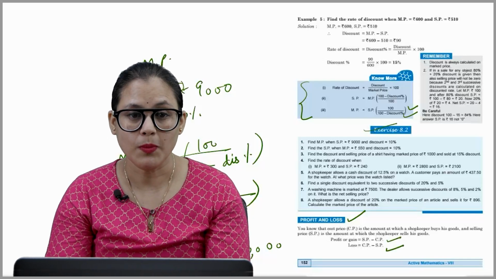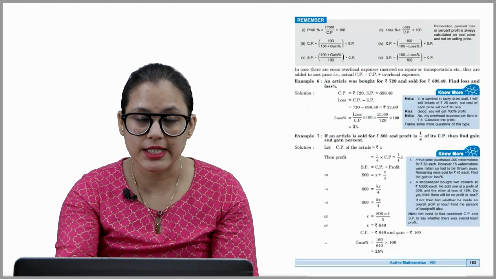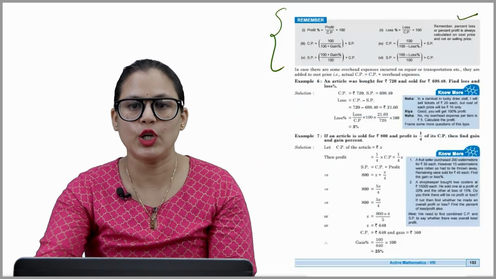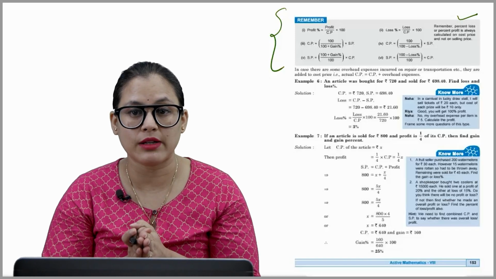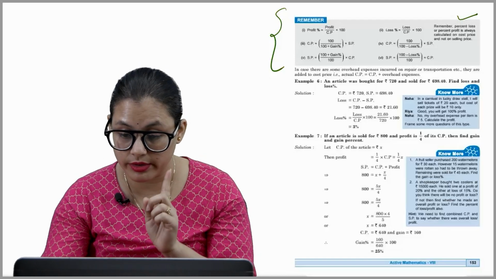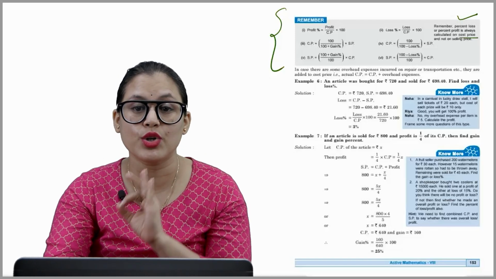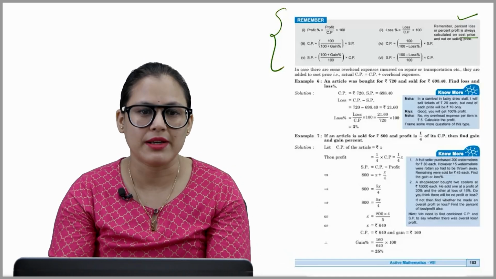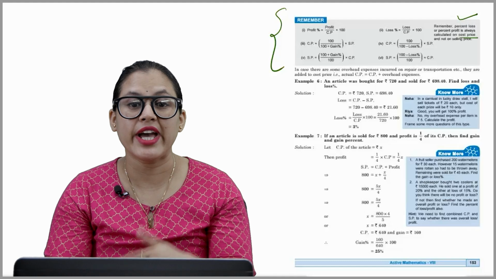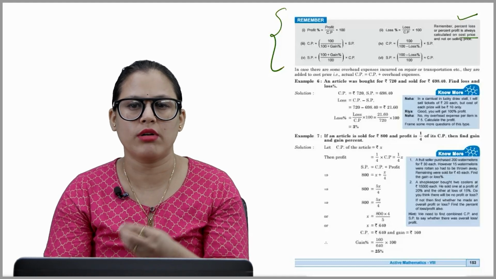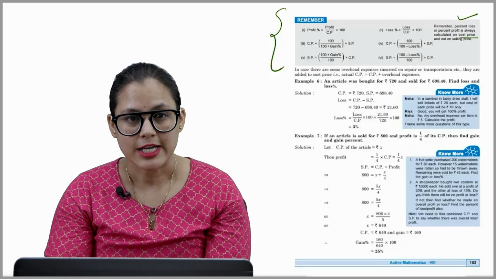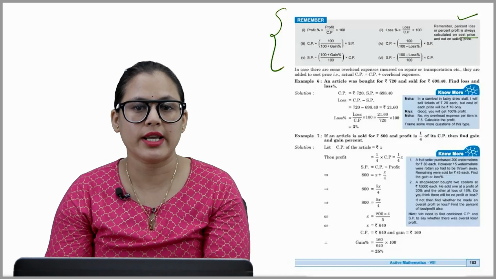Also remember, percent loss or percent profit is always calculated on cost price and not on selling price. Students, do memorize all these formulas. In case there are some overhead expenses incurred on repair or transportation, etc., they are added to cost price. That is, actual CP is equal to CP plus overhead expenses.